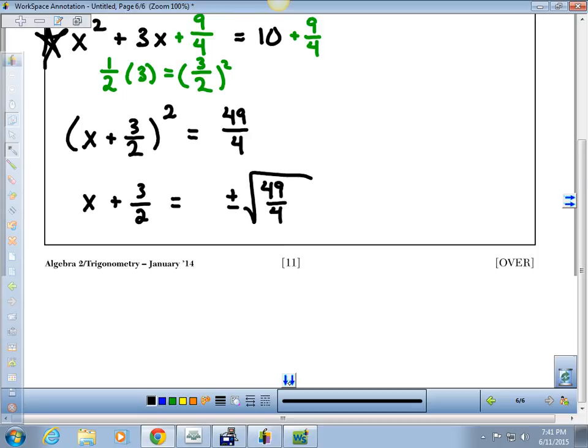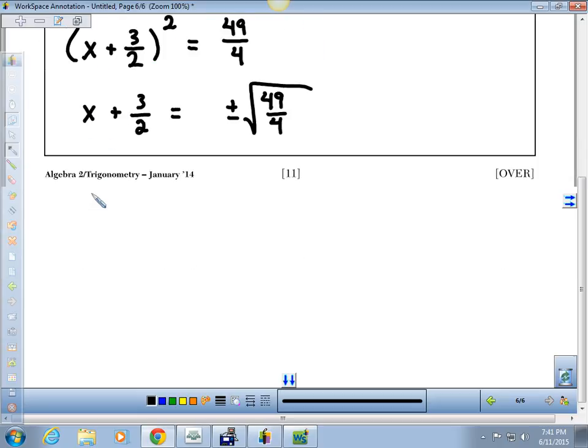They're both perfect, right? They're both perfect. All right, how do I finish solving this for x? We've got to subtract 3 halves plus and minus 7 halves.